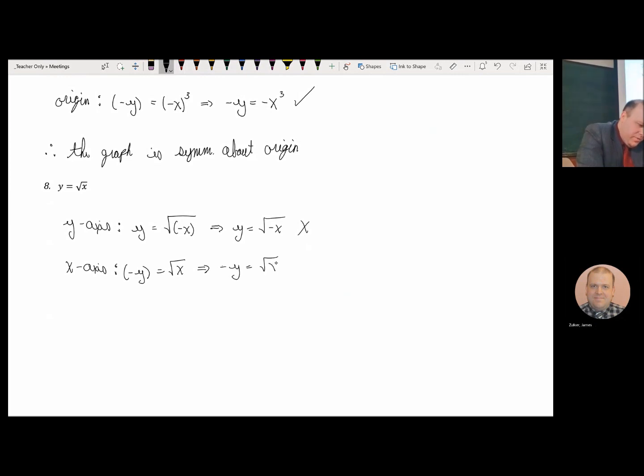Do we have the same relation? So we do not have symmetry about the x-axis. Replace y with negative y, replace x with negative x. Do we get the same relation? No.